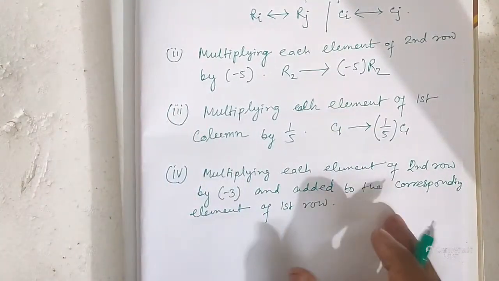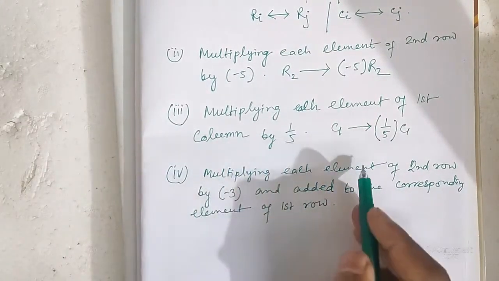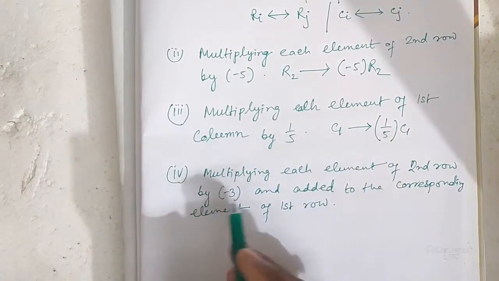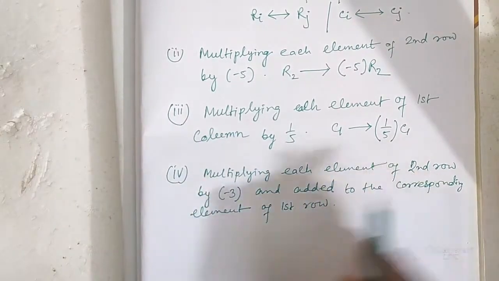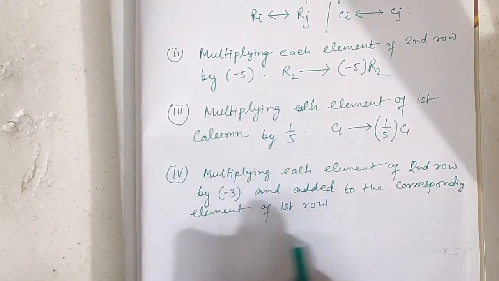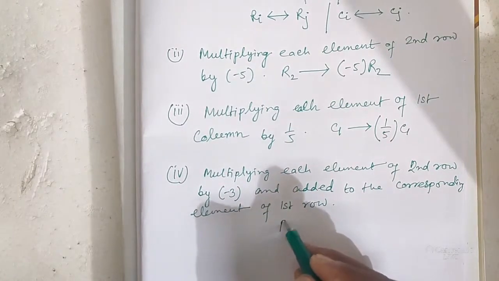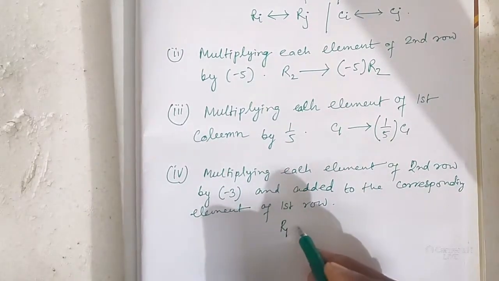This one is very much important, just learn how to do it. Multiplying each element of second row by -3 and adding to the corresponding elements of first row. So with which row are we adding? With the first row we are adding. That means the first row we are changing.